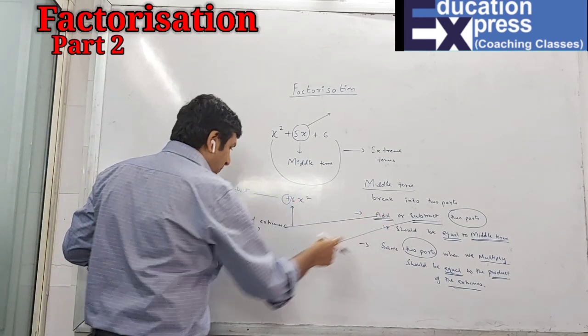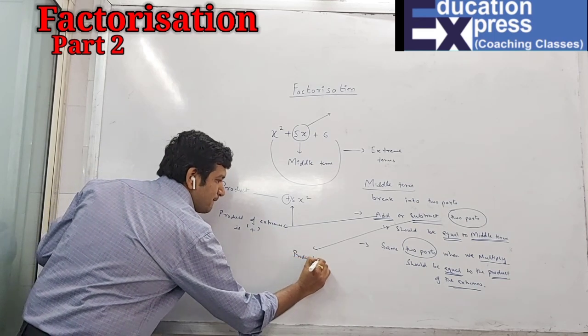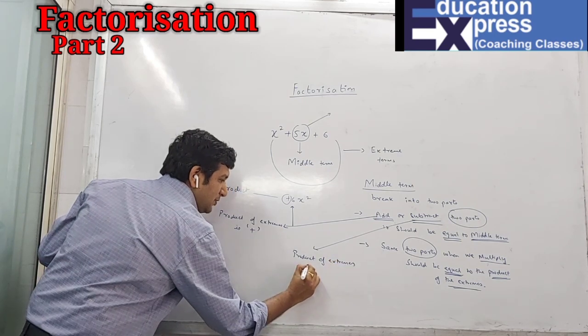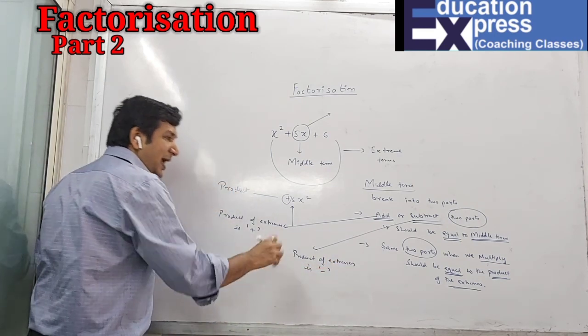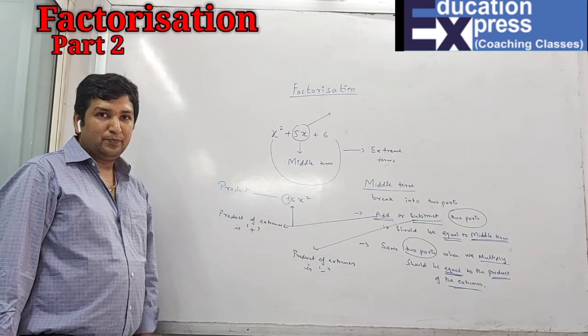And in case the product of the extremes is negative, then you have to subtract two numbers and get the middle term.